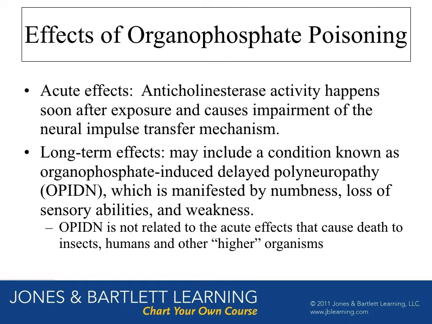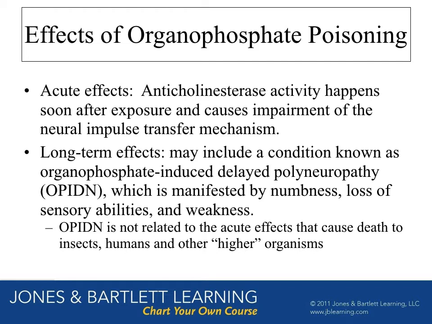Some of the effects, as I mentioned earlier: organophosphates work, as do carbamates, by inhibiting an enzyme called cholinesterase, which breaks down a neurotransmitter in the body called acetylcholine. This is found in many, many species, including insects and humans. And this anticholinesterase activity happens almost immediately after exposure.